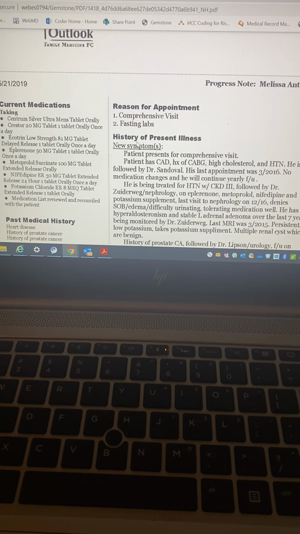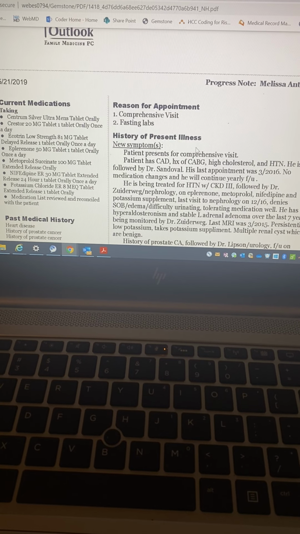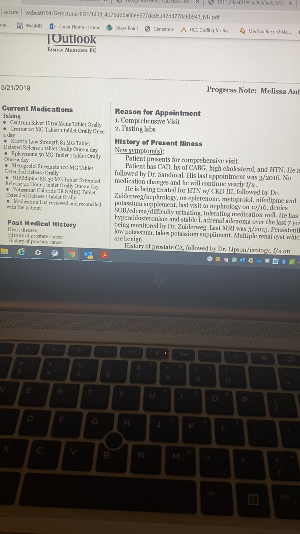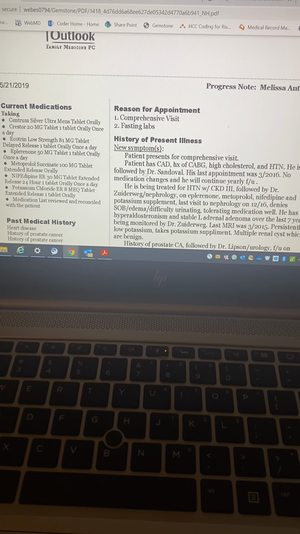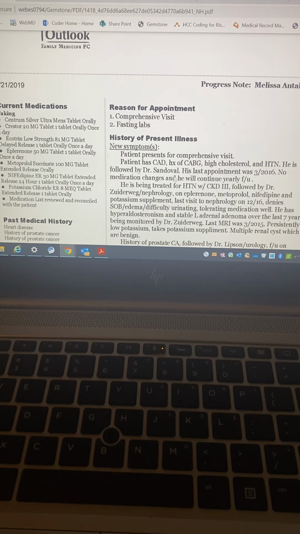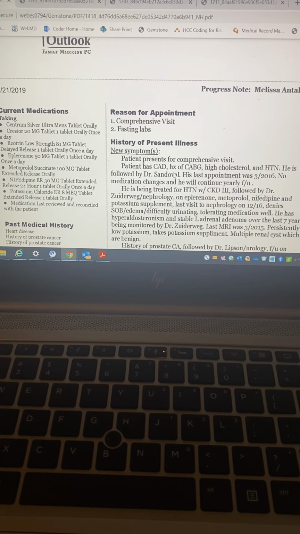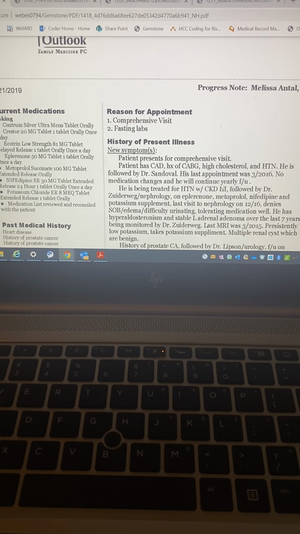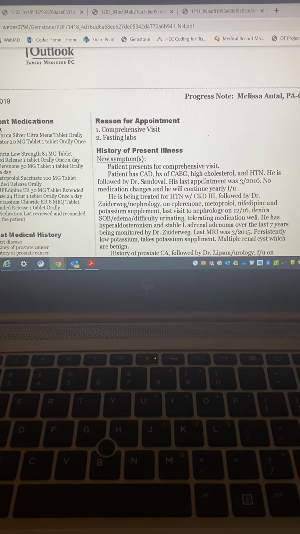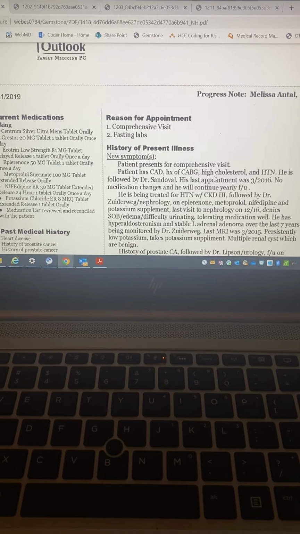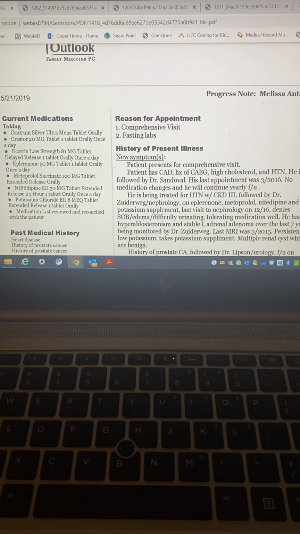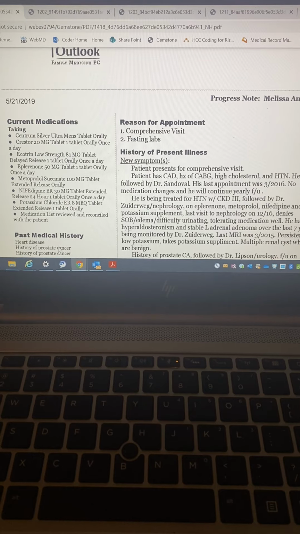So here is your history of present illness. This is going to tell you what the patient has going on currently at the moment, what they're being treated for. This is their history of the illnesses that they presently have. I'll go back and read through the chart, but now I want to take a look at the components first. So here we have the past medical history.